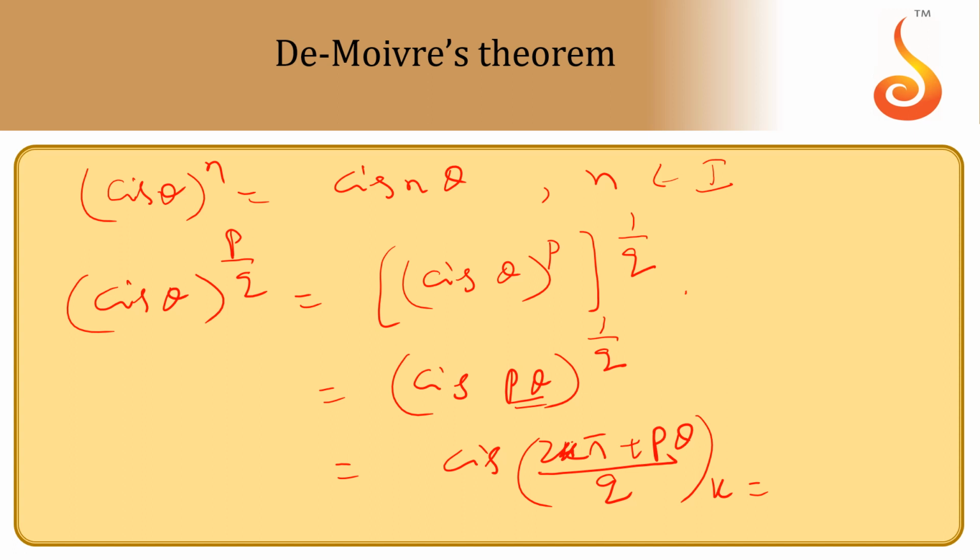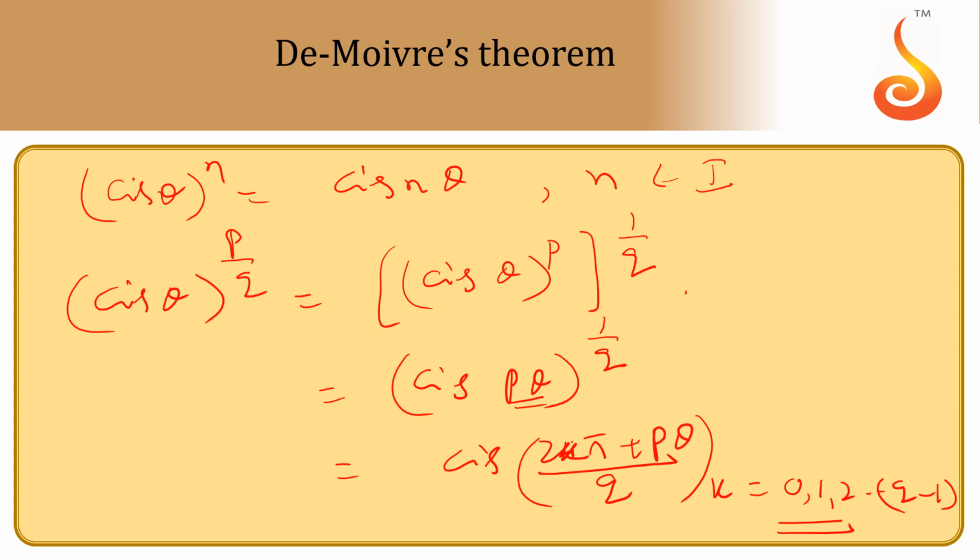The best values to take are 0, 1 up to q minus 1, but I am saying any q consecutive values. Start from 100, take q consecutive k values, because after these q consecutive values, the same values will repeat again. That's why any q consecutive values you can take for k.